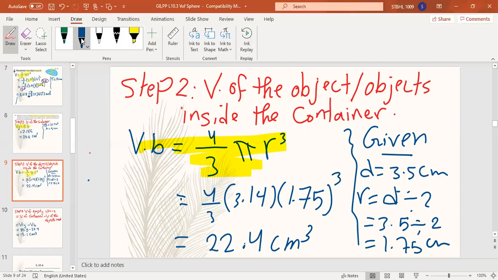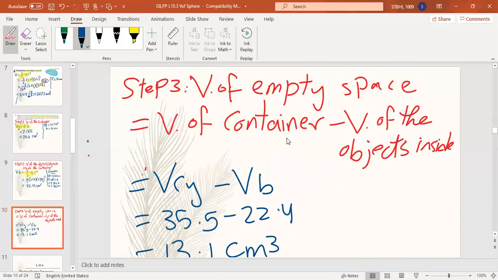So I'll substitute directly in the formula of volume of ball. It will be 4 over 3 times 3.14 times 1.75 cubed equals 22.4 cubic centimeter. This is volume of the ball which is inside the container. And the third step, we need to find the volume of the empty space, which means volume of the container minus volume of the object which is inside.